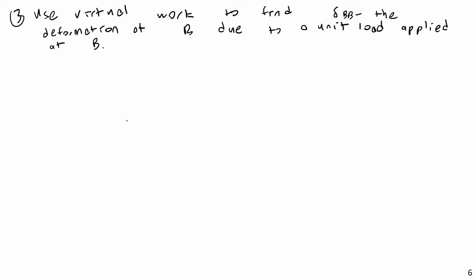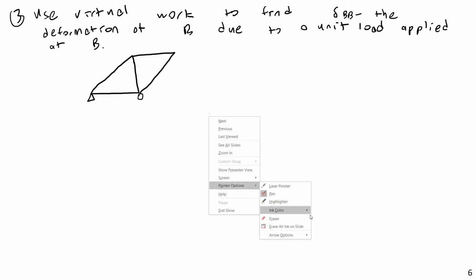So I'm just going to set my truss up again. Let's go ahead and set this up. Draw this out. And we're just going to have a 1 kip load on joint B to the right. So I have a 1 kip load here.